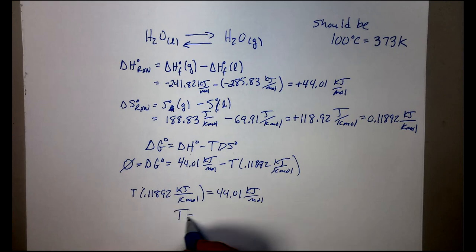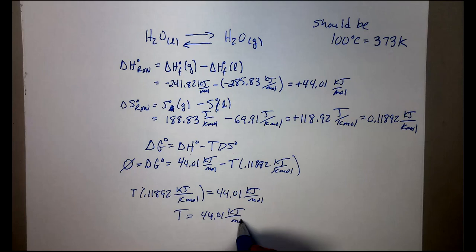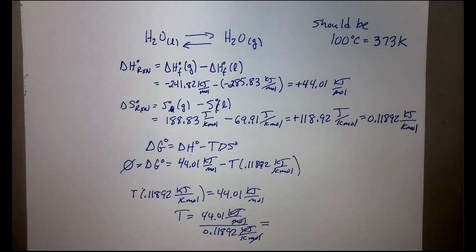So then the temperature is going to be 44.01 kilojoules per mole divided by 0.11892 kilojoules per Kelvin mole. So the moles should cancel, the kilojoules should cancel. I got 1 over Kelvin in the denominator, which will become Kelvin in the numerator.